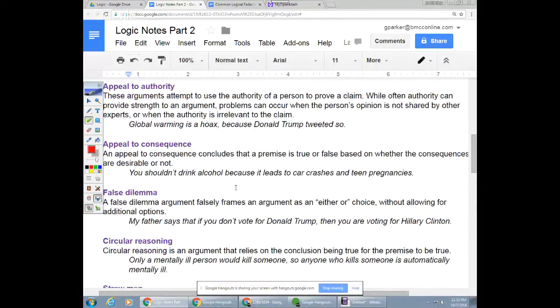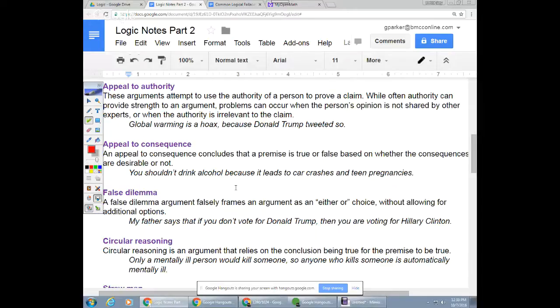Appeal to consequences. This is a great one. "You shouldn't drink alcohol because it leads to car crashes and teen pregnancies." Okay, so that's two controversial items there. Maybe, maybe not. That's a pretty bad consequence, but it's not necessarily a logical reason why you shouldn't. Maybe if I said you shouldn't get drunk and drive your car because that leads to crashes, that's all right.